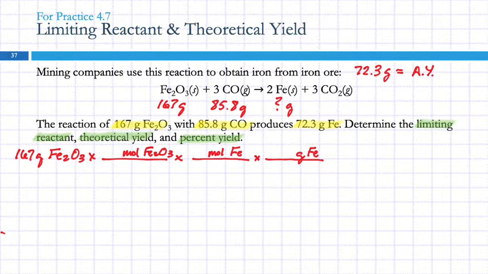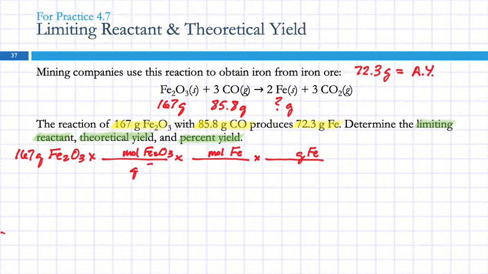How do we know that we want to calculate the mass of iron? Well, the sentence tells us we're talking about obtaining iron from iron ore. So the point of doing this reaction is to get the iron. And then here, they're giving us an amount of iron. And so we need the mass of iron that theoretically could be produced.